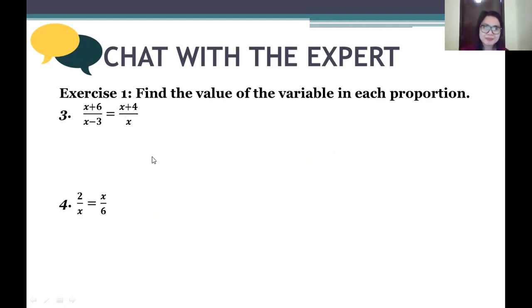Number 3. Let's start with number 3. Ready? Start solving. And some of you can start solving number 4. It's easy.